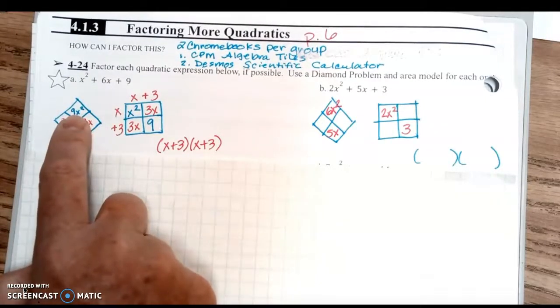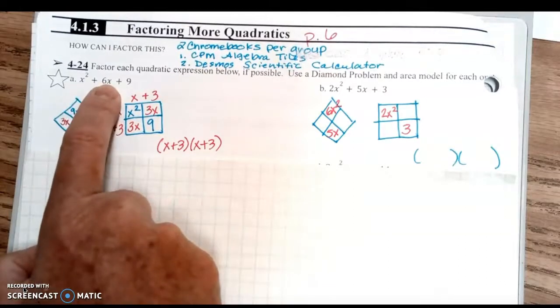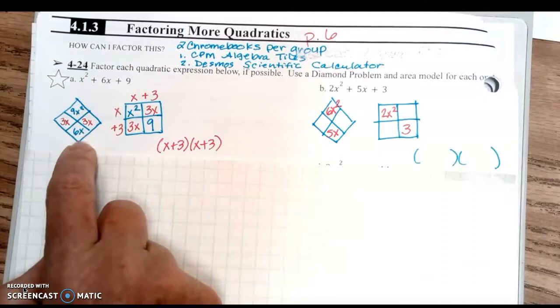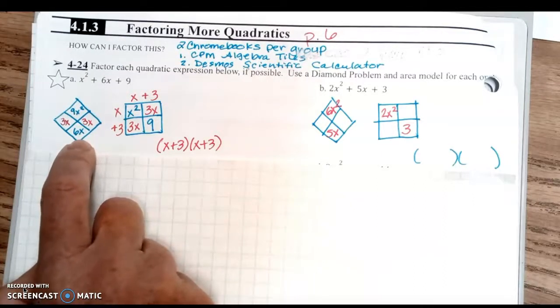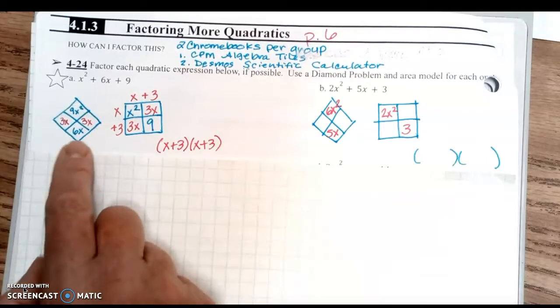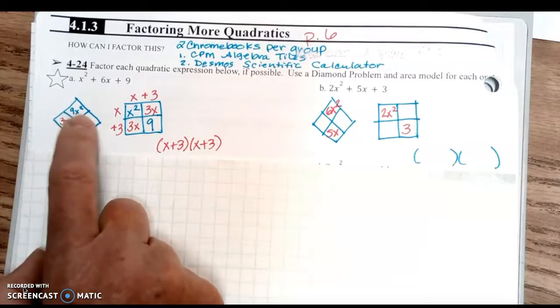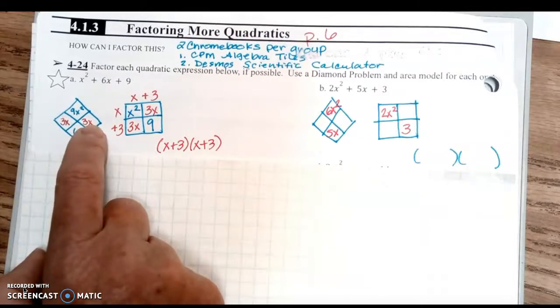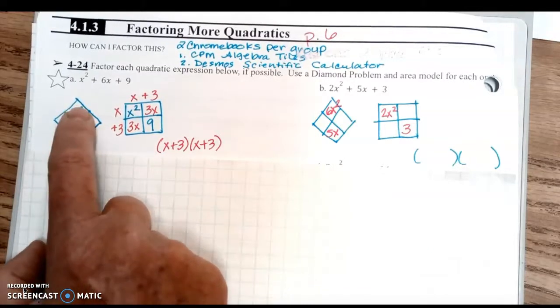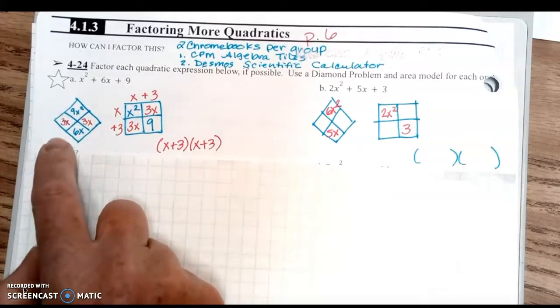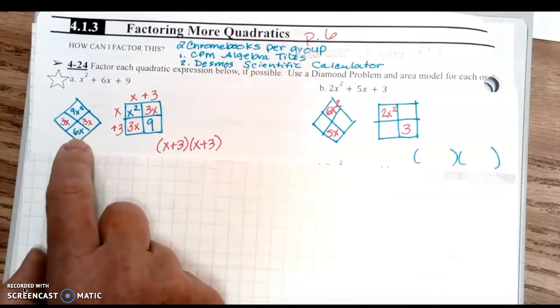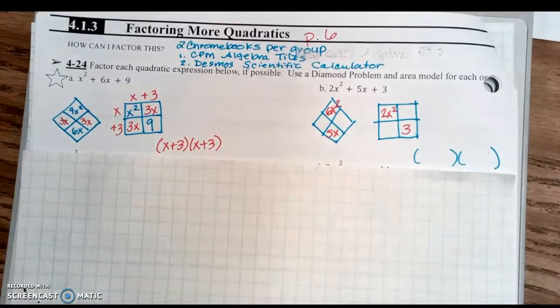That's where the 9x squared comes from. The sum comes from the middle term, this 6x. So you have to figure out what multiplies to get 9x squared but adds to get 6x. That would be your 3x and your 3x. 3x times 3x is 9x squared, and 3x plus 3x is 6x. That's how it fits into the diamond problem.